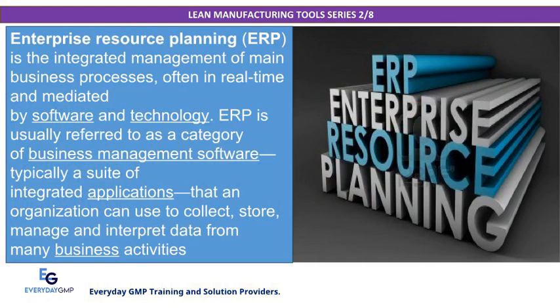Enterprise Resource Planning, ERP, is the integrated management of main business processes, often in real time and mediated by software and technology. ERP is usually referred to as a category of business management software, typically a suite of integrated applications that an organization can use to collect, store, manage, and interpret data from many business activities.